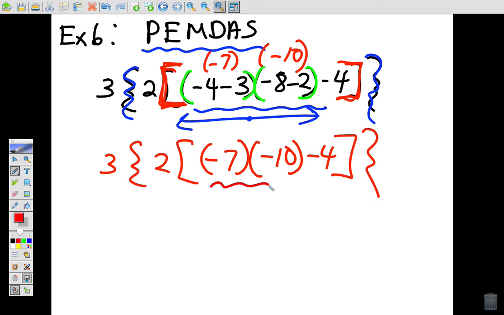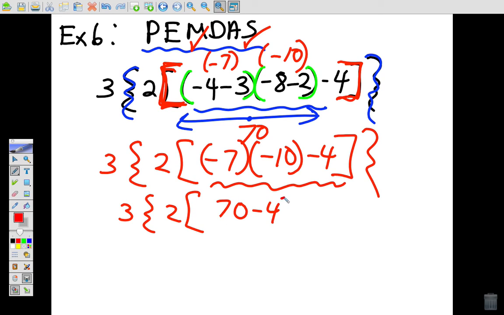Now continue working on the inside. What do I do first on the inside? Well, PEMDAS says you multiply first and then subtract. So 70, right? So you have 3 brace 2 bracket 70 minus 4 bracket brace.